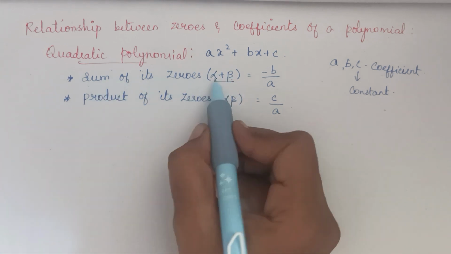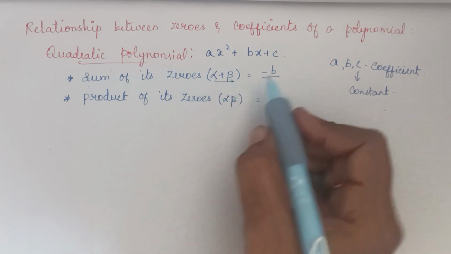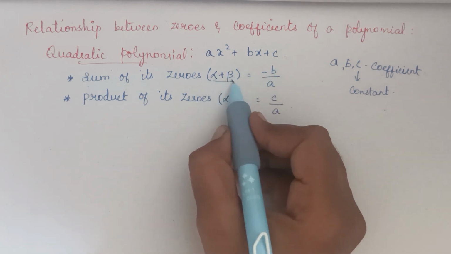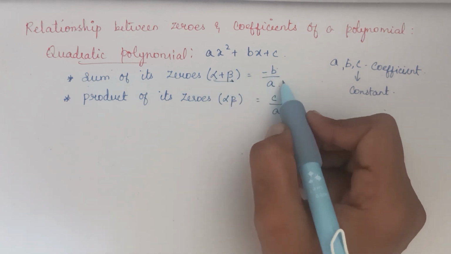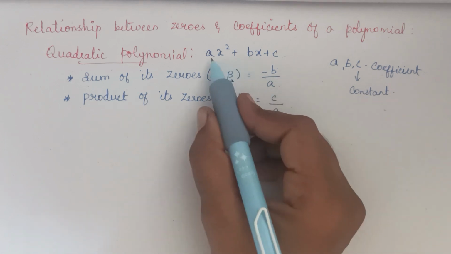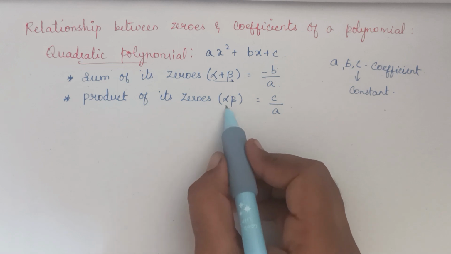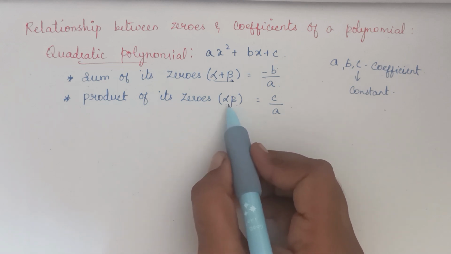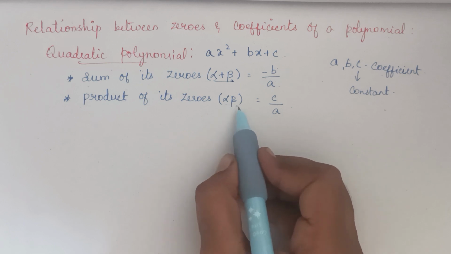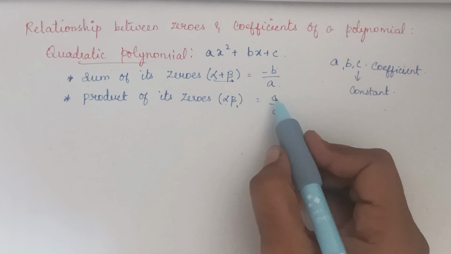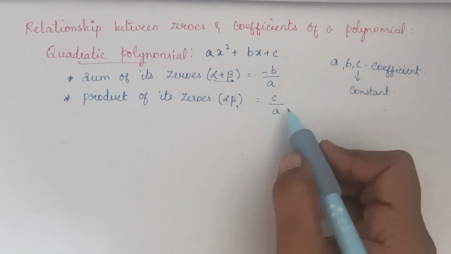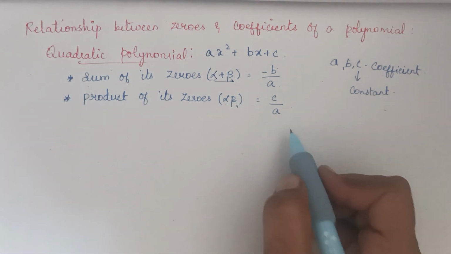If we add the zeros, alpha plus beta is equal to minus b by a. Then the product of its zeros is alpha beta, alpha for one value and beta for the other value. Alpha beta is equal to c by a. So that is the formula to prove it.